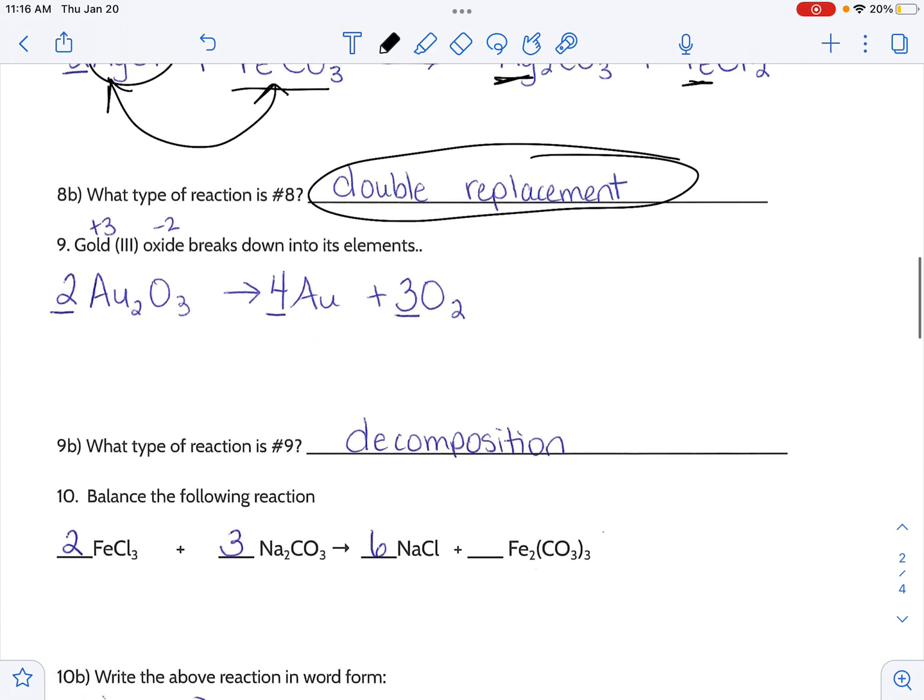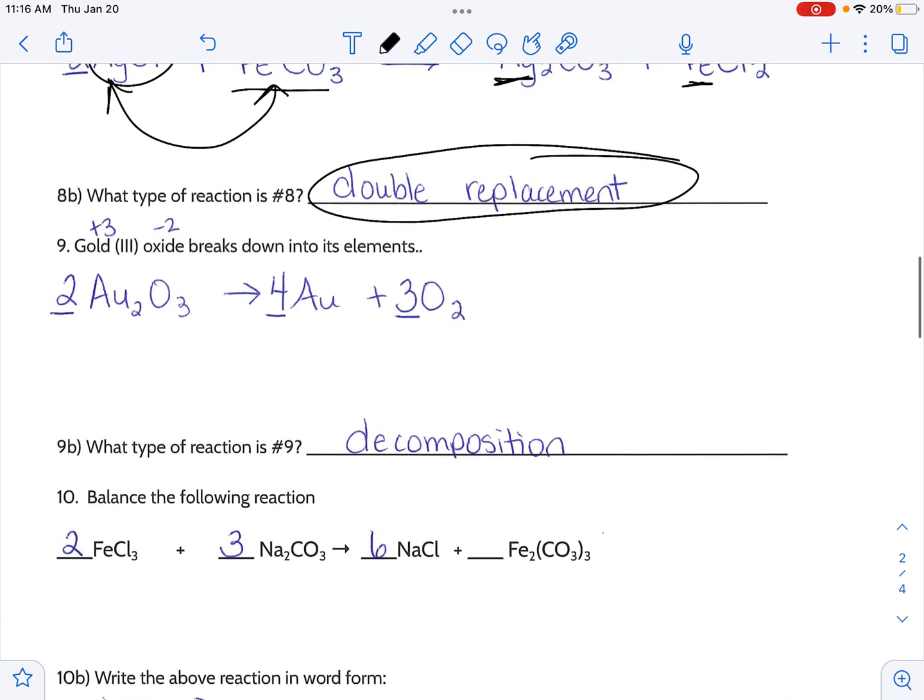For number 9, we have gold 3 oxide. Again, recognize that I put the charges right there above, and it's breaking down into its elements. You want to always make sure to watch for those diatomic molecules. Remember these 7 as being ones that are not going to be okay when they're alone.